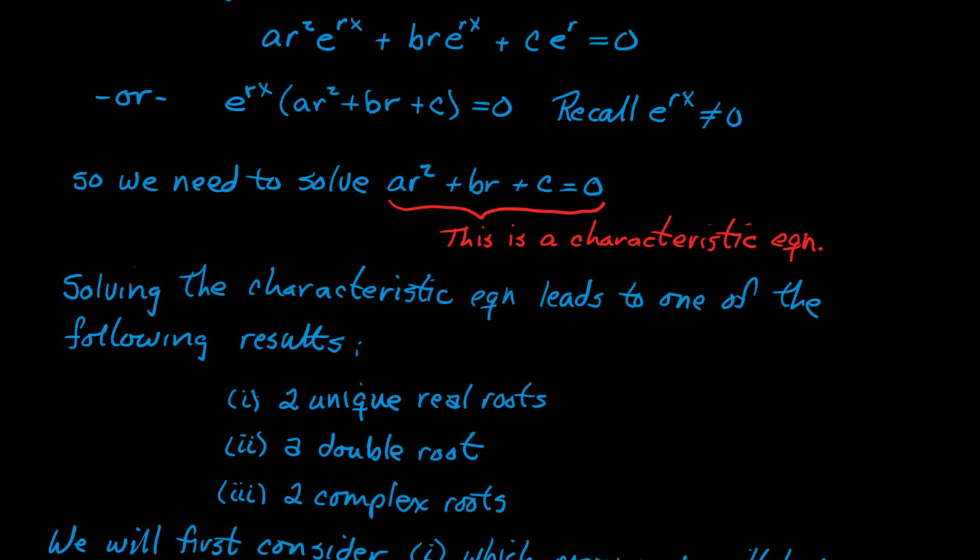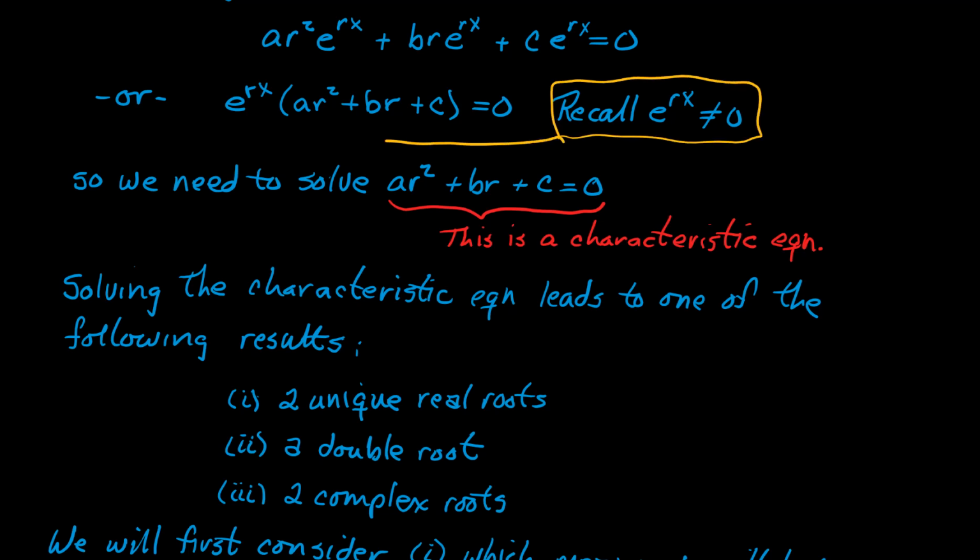Notice in this equation that we have an e to the rx in each of the three terms, so we can factor that out, which leaves us with e to the rx times ar squared plus br plus c equals 0. Remember, this is a homogeneous equation. Real important to remember, e to the rx is never 0.